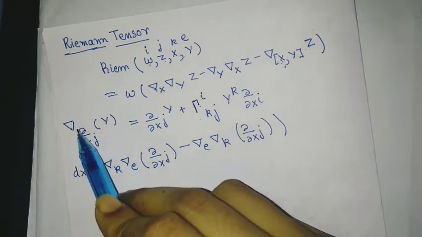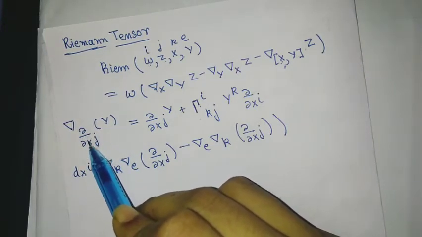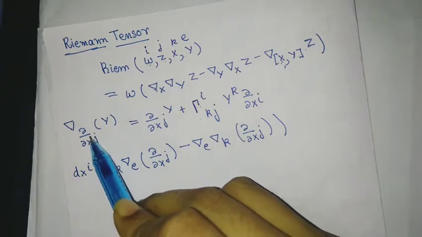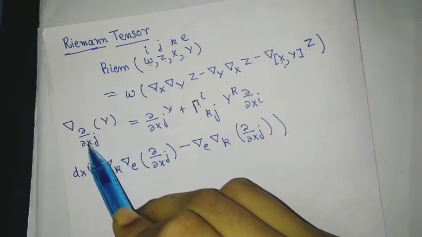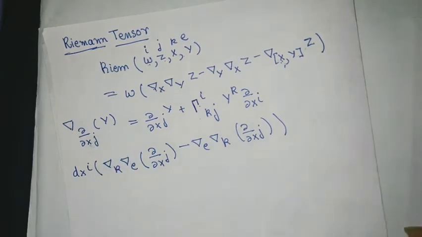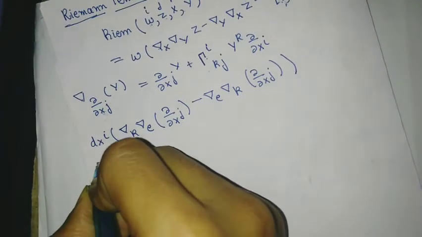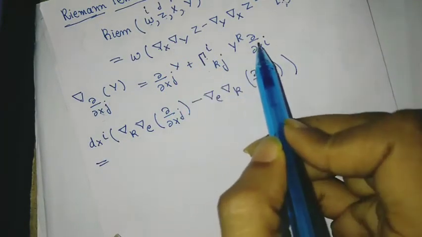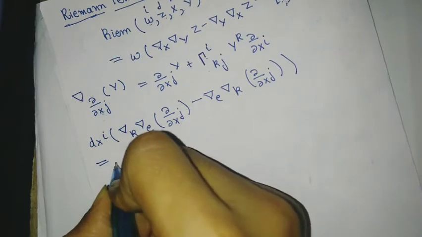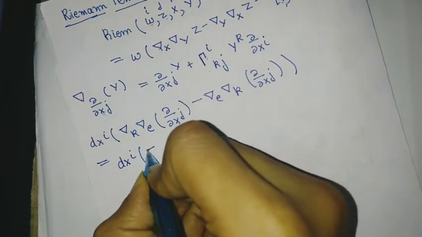These commute because of these chart functions; they have a Kronecker delta relation. So now we will use this formula repeatedly to get the final result.